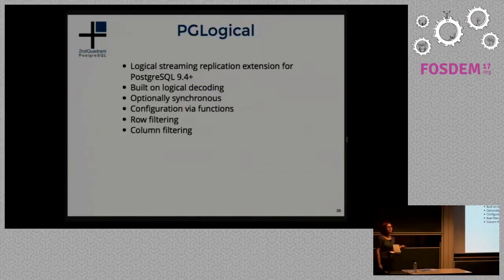So what is pglogical? Since we have logical decoding in Postgres now, we can have extensions and do logical replication. This is an extension for logical streaming replication, available after logical decoding, basically 9.4, and it is optionally synchronous. Logical decoding lets us configure it via functions, as we saw in the previous slide, and you can do row filtering and column filtering.